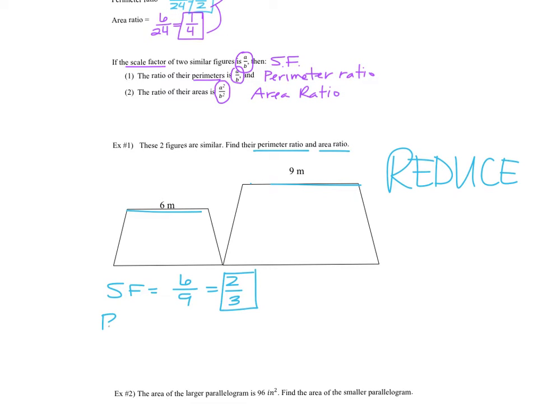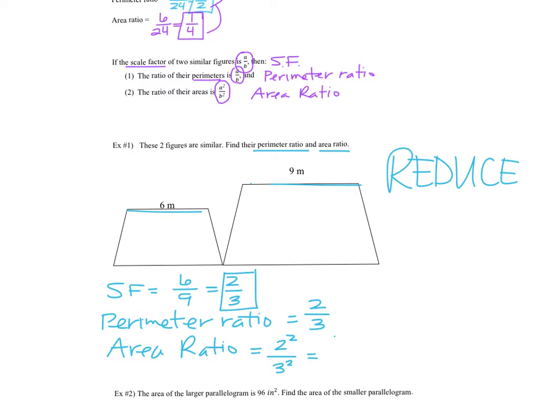What then is your perimeter ratio? 2 to 3. It will always be the same as the scale factor. What's my area ratio then? 2/3 squared. So if we square the 2 and we square the 3, we get 4 to 9.